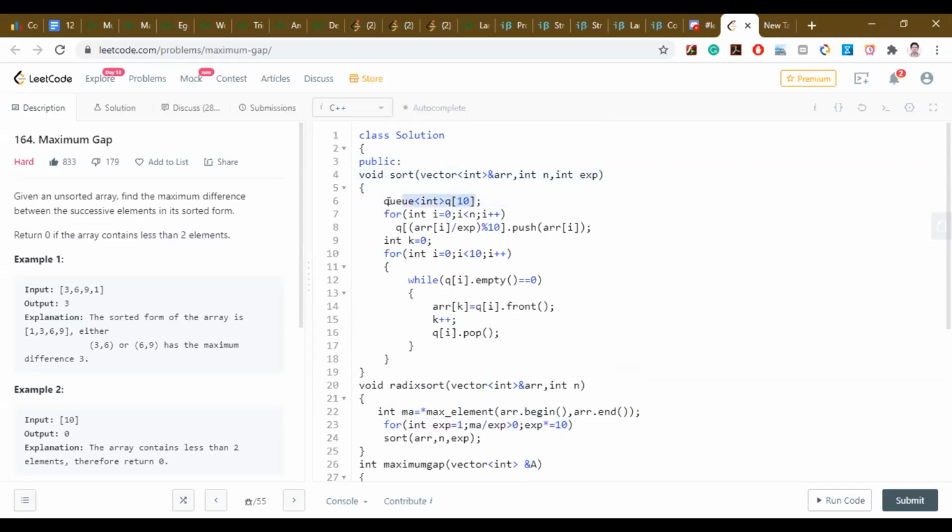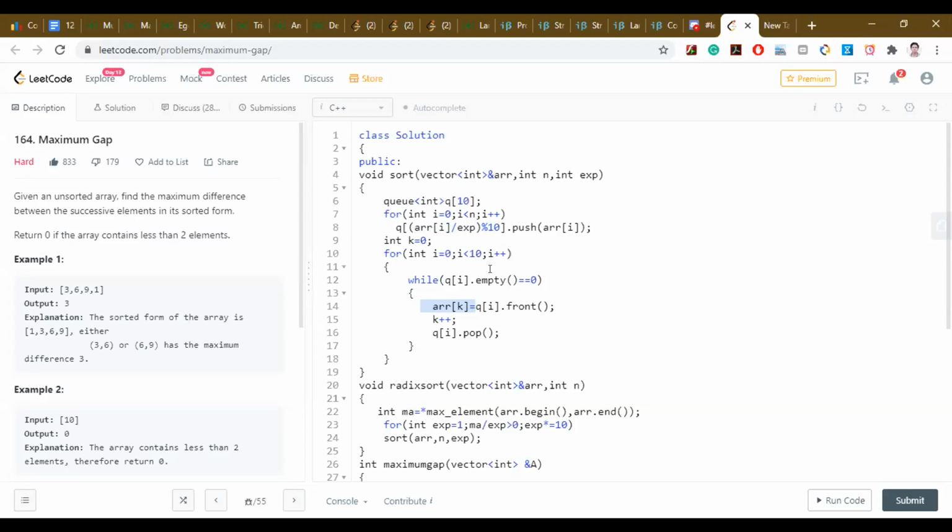So I took an array of 10 queues, and I'm pushing on the basis of the last digit. Actually, it is extracting the last digit of the number, and I'm pushing it into the queue. And then I'm traversing these 10 queues till the ith queue is empty, pushing the numbers back into the array.